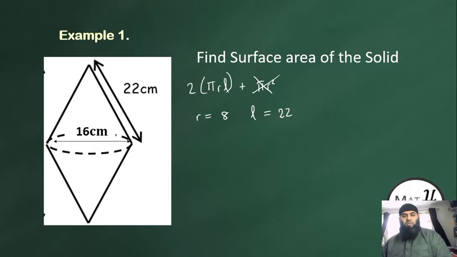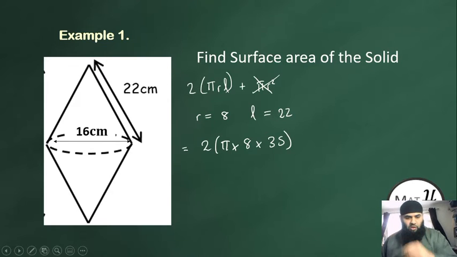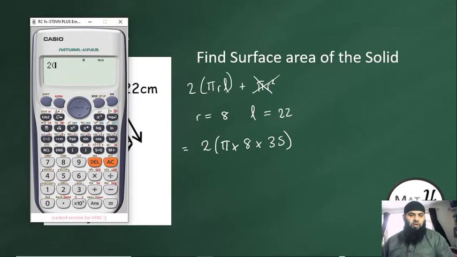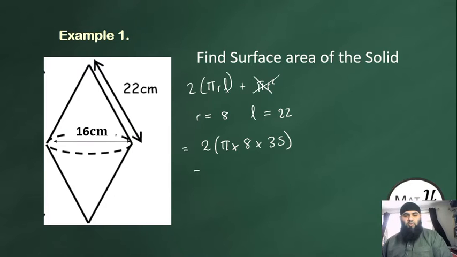So I'm going to plug it into the equation. 2 brackets pi times r, which is 8, times L, which is 35. I can put it into my calculator. So I have 2 open brackets pi times 8 times 35, close brackets, and that gives me 560 pi centimeters squared.